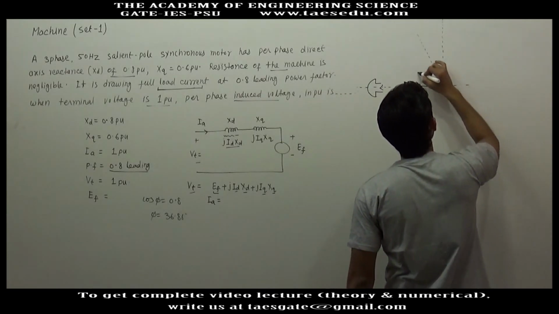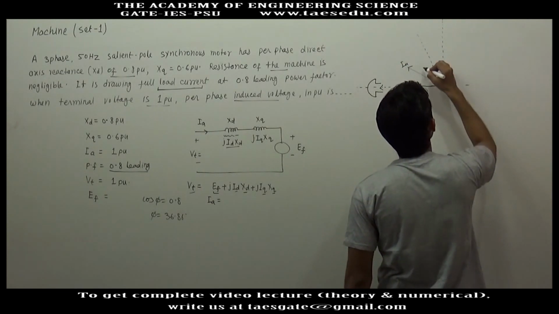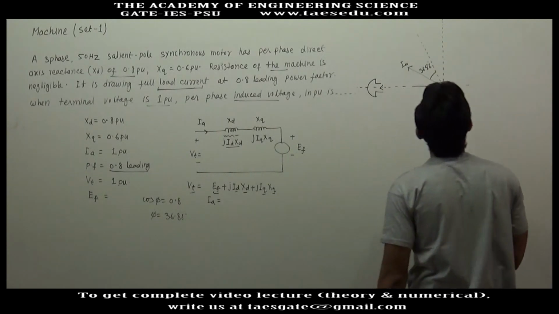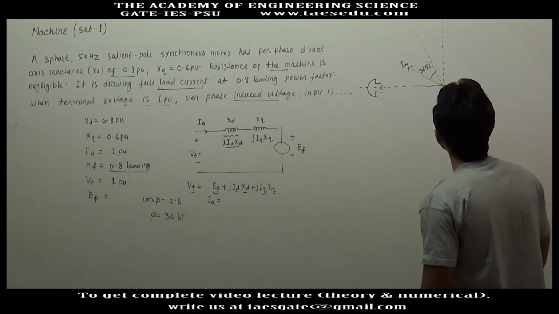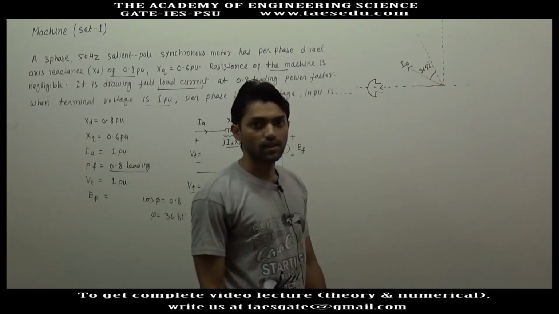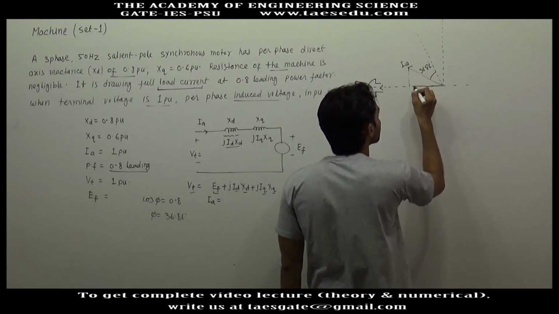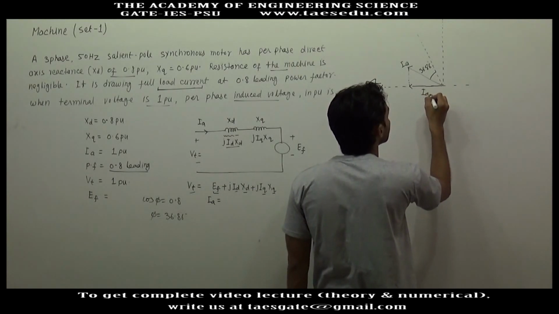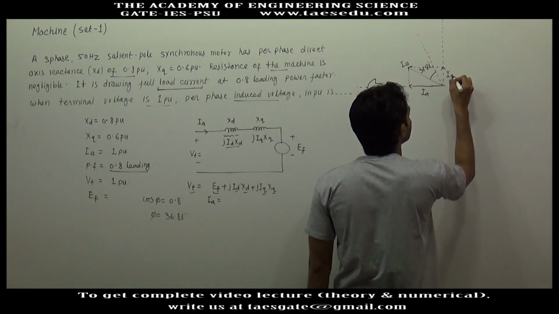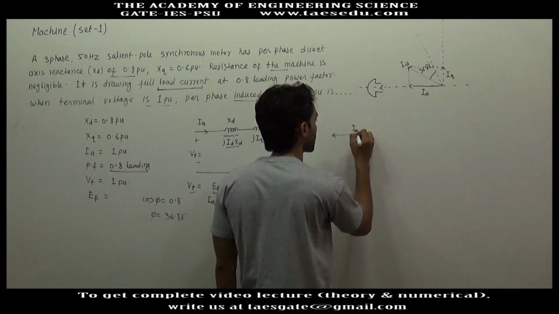So the armature current is, let's say this is Ia and this angle will be 36.86 degree. If this is the armature current, the horizontal component will be direct axis current. This is the Id and its vertical component will be Iq. So now we have the direction of Ia. This is the actual direction of Ia.